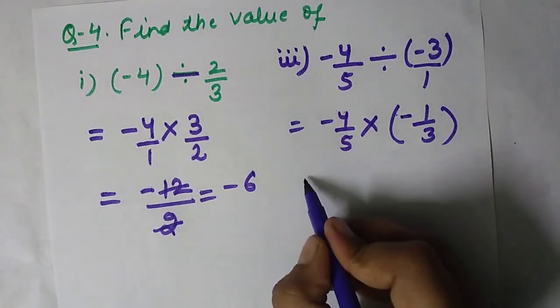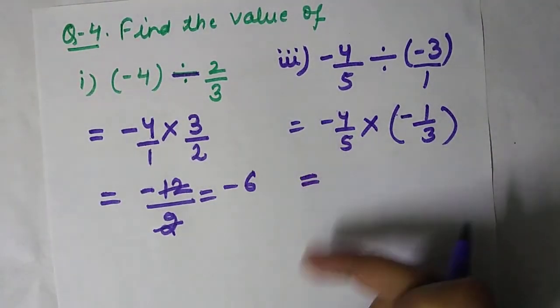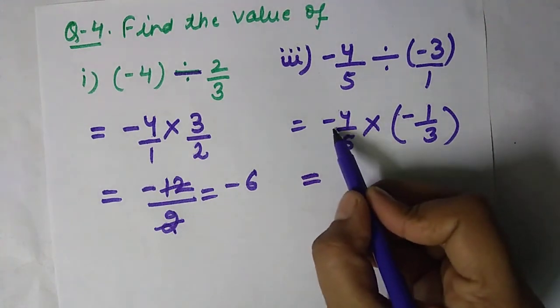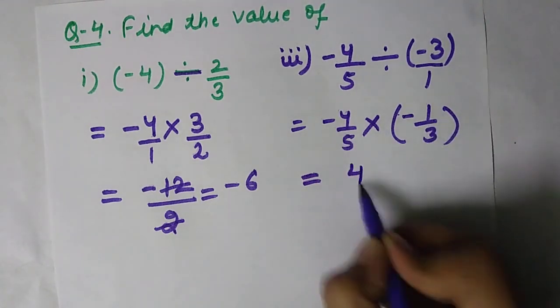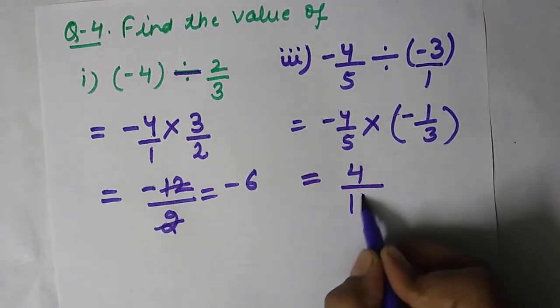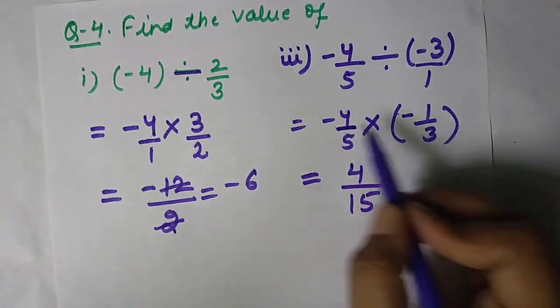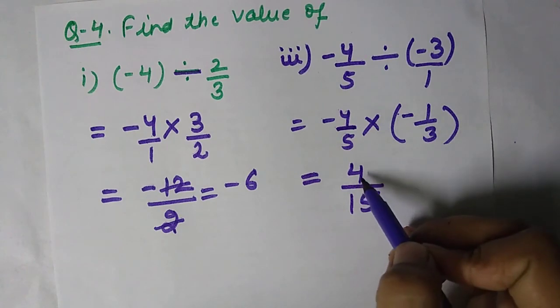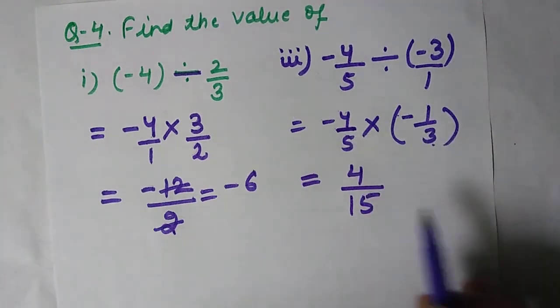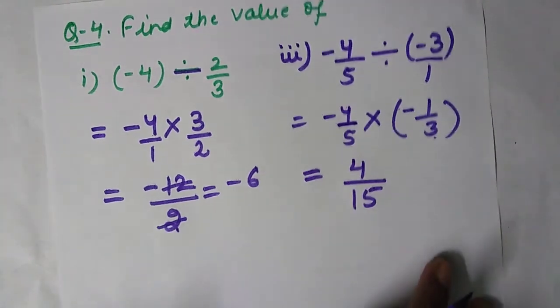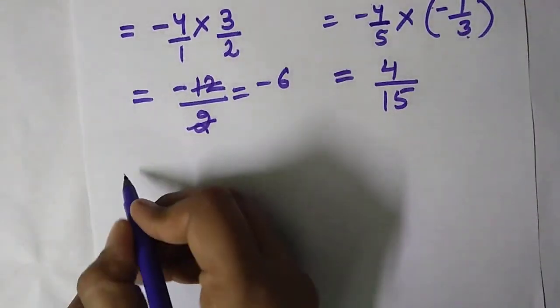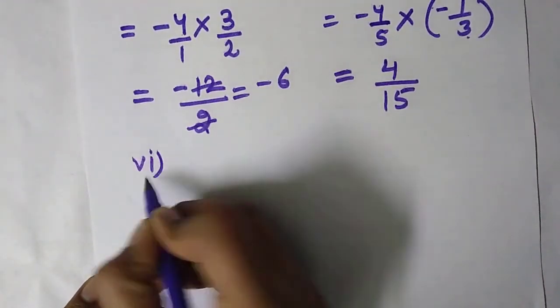Now again you need to multiply the numerator with numerator and denominator with denominator. So -4 into -1 is +4, and 5 into 3 is 15. Numerator, this -4, when two negative numbers are multiplied you will get a positive, and 5 threes are 15. One more part I am explaining, that is part number 6.